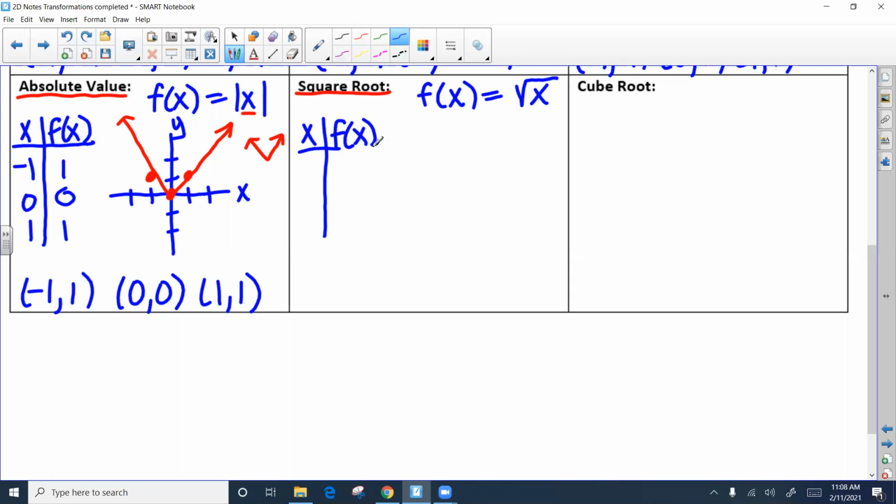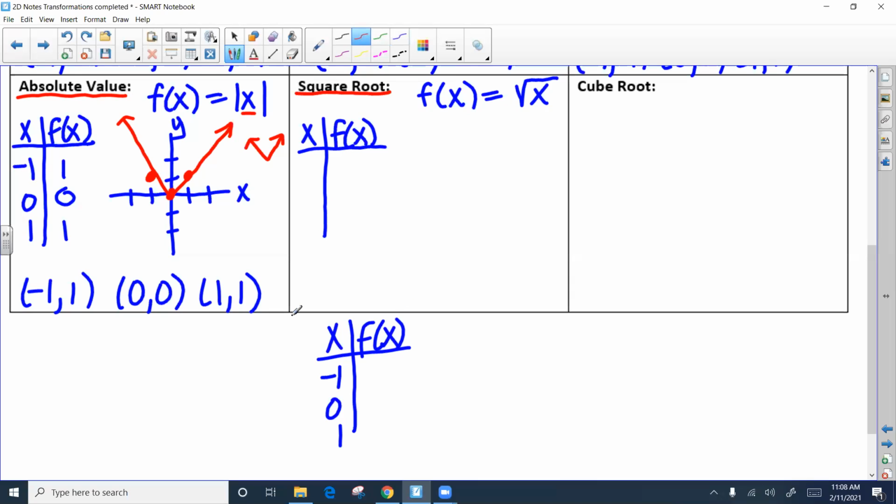Okay, before we fill in this table, this is the only one where we don't use these same x values. And I'm going to show you why. Don't write this down yet, because I'm going to show you why we can't use -1, 0, and 1.